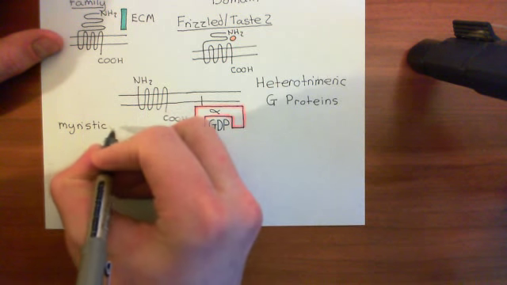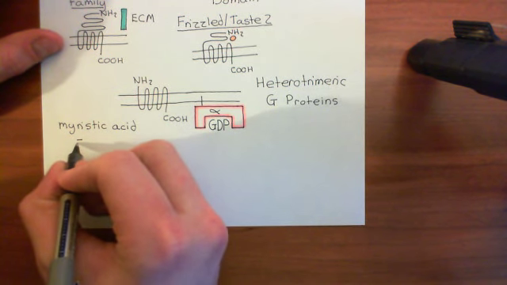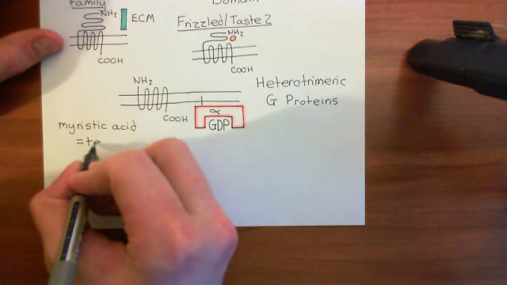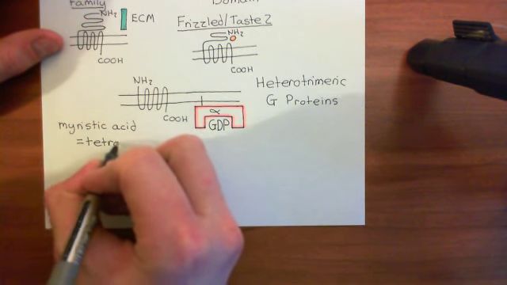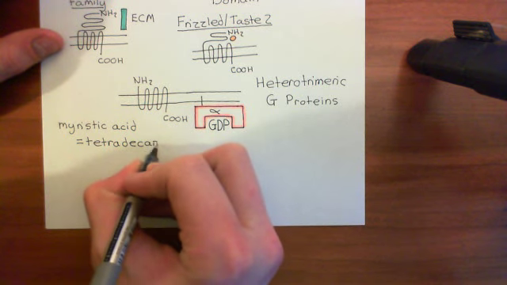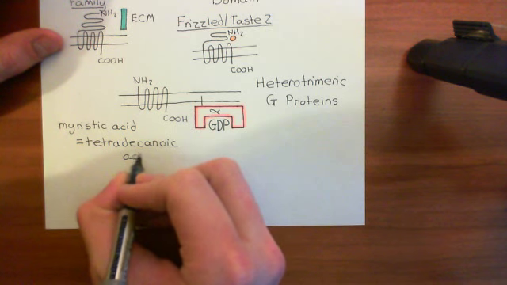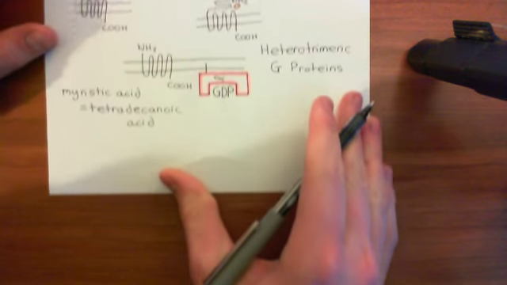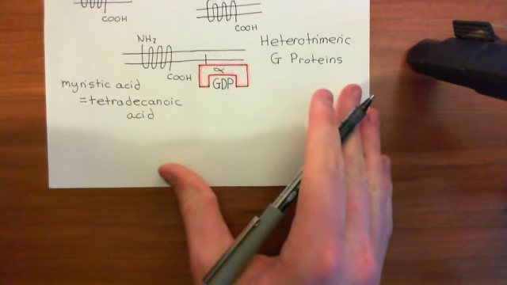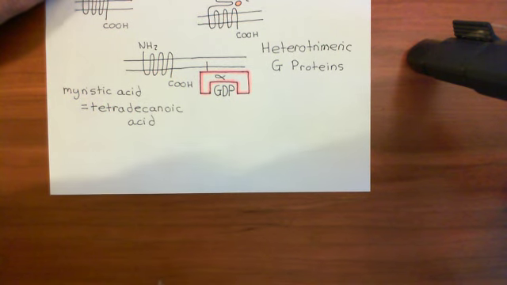Myristic acid is the old name for something that would now be called tetradecanoic acid. And although tetradecanoic acid might be a bit of a mouthful, it's useful because it tells you exactly what the structure of this molecule is. It tells you that we're just dealing with a 14-carbon, fully saturated carboxylic acid, so there's nothing complicated with regards to myristic acid.